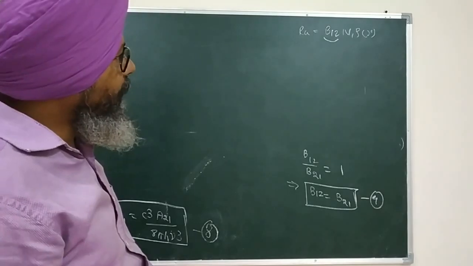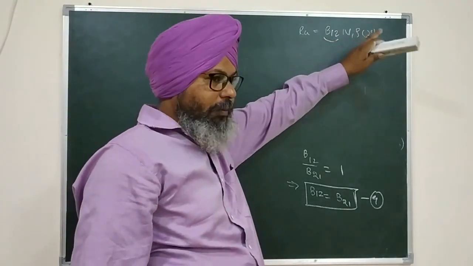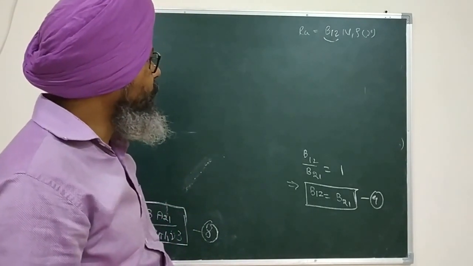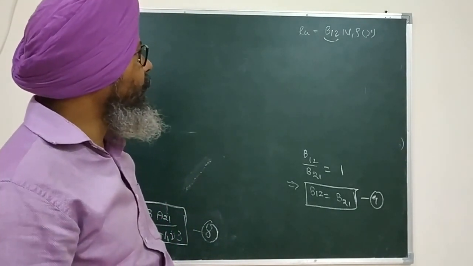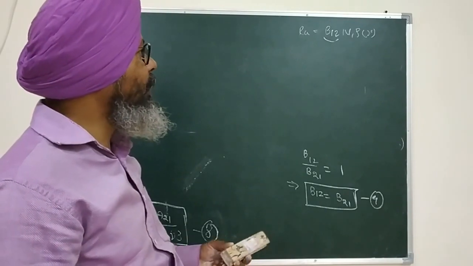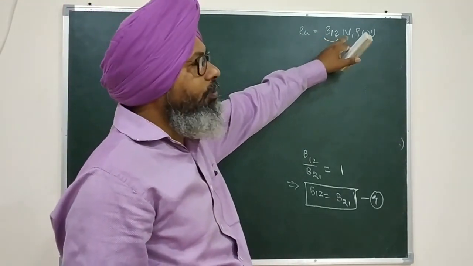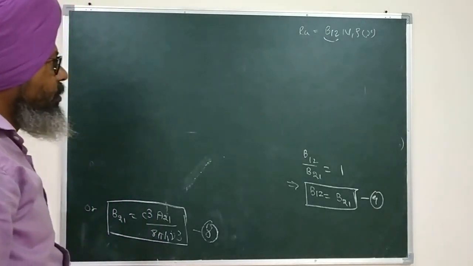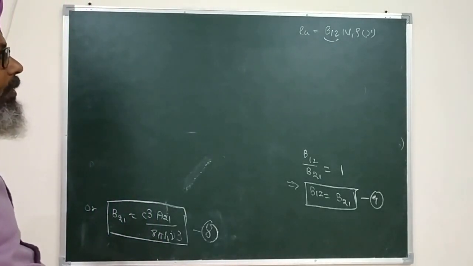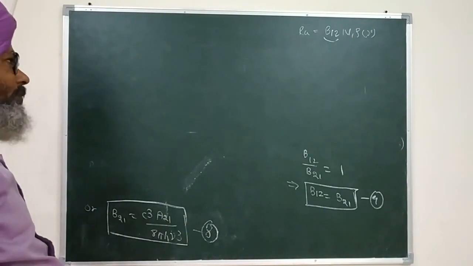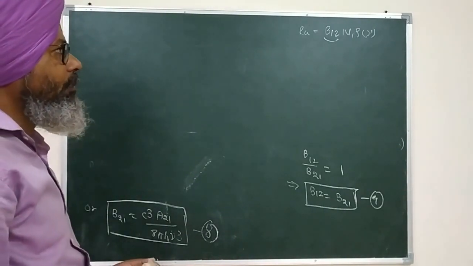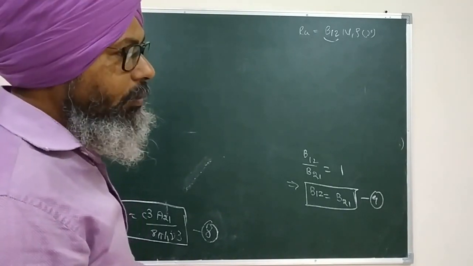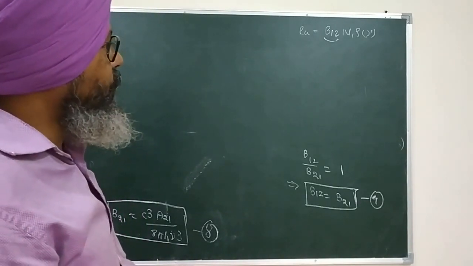So when I keep value of N1 and rho nu same for different materials, then I would be simply saying that the rate of absorption will be more in a material in which B12 is large. Therefore, I can just get the significance of B12 that for large values of B12 there will be more absorption of light, and for small values of B12 there will be less absorption of light.